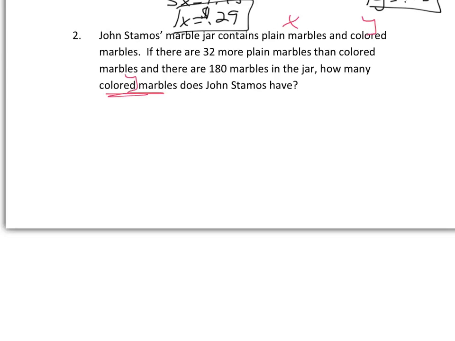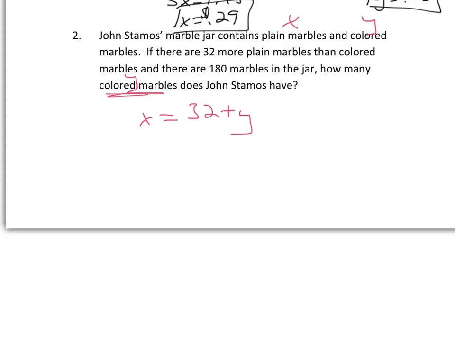I know that there's 32 more plain than colored, so X equals 32 plus y. I got my variables mixed up. Because there are 32 more plain ones than colored ones, colored plus 32 equals plain.